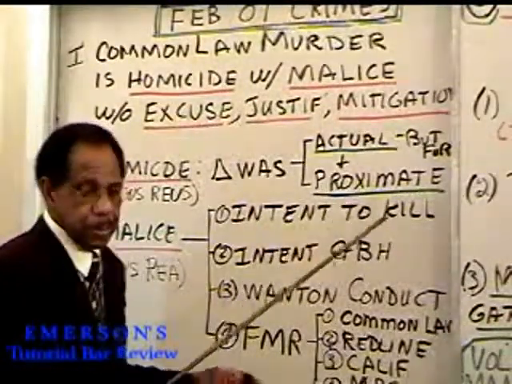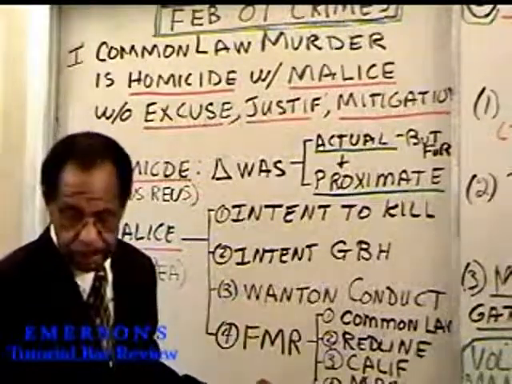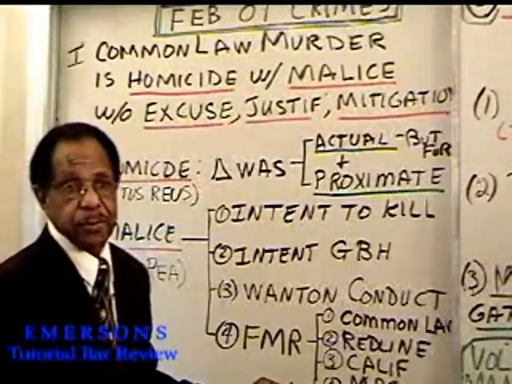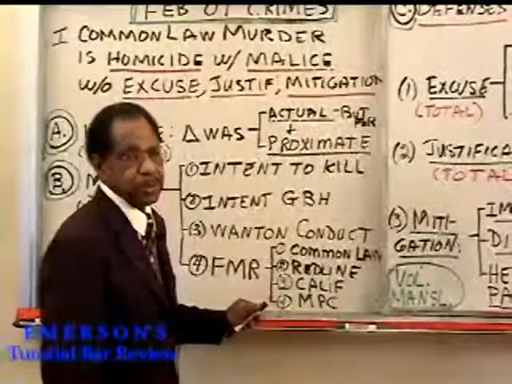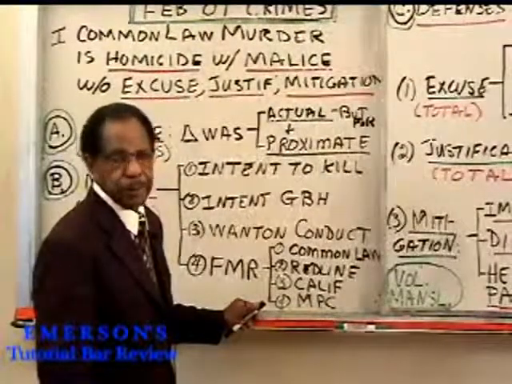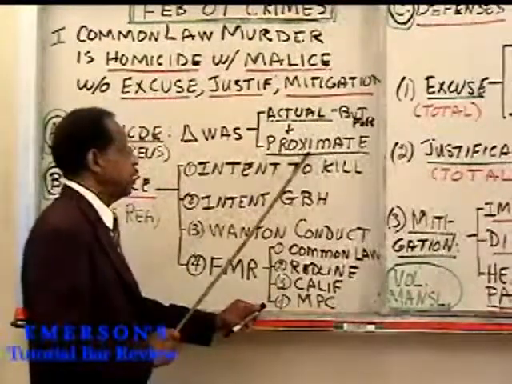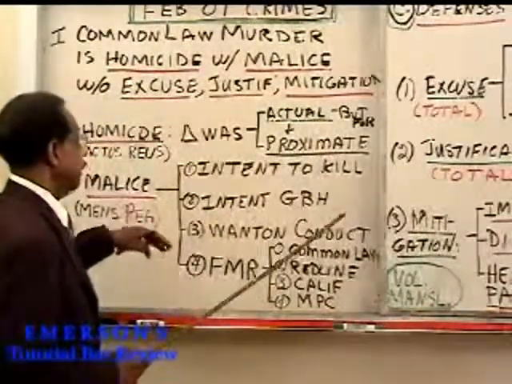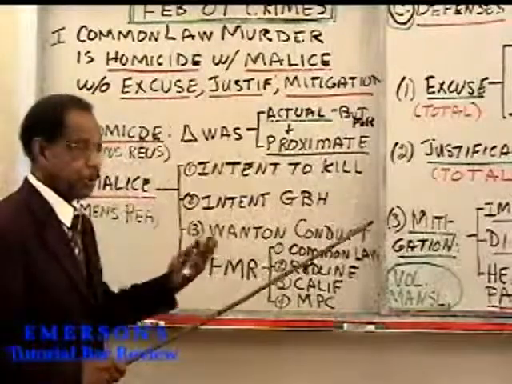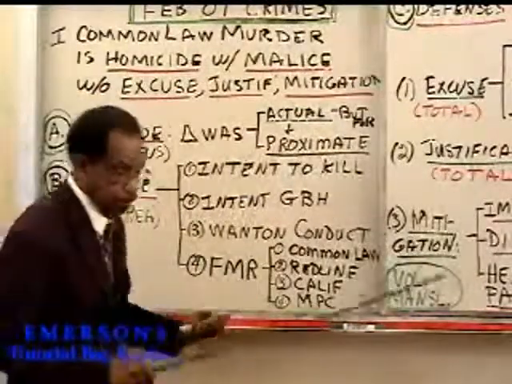Proximate cause: there was nothing bizarre intervening, nothing so strange happened that we should terminate Dan's liability. So nothing ended Dan's liability. So Dan's conduct is the actual and proximate cause of Vic's death. That's what you should actually write.